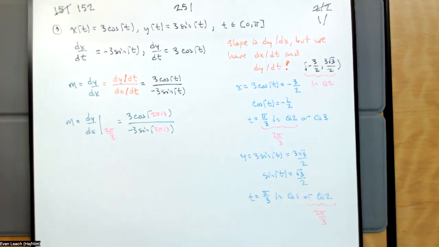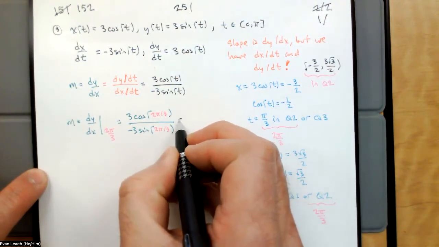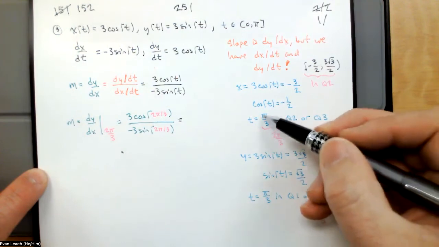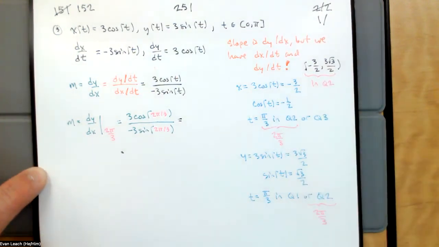Three cosine of 2 pi over 3 is negative 3/2, because the numerator is x, and I needed a pi over 3 reference angle in quadrant 2.